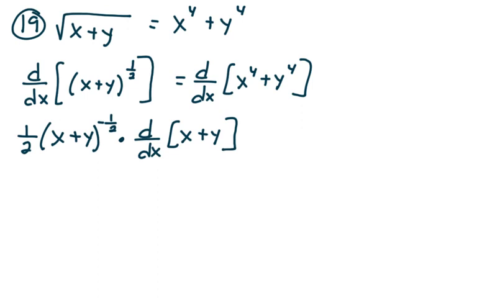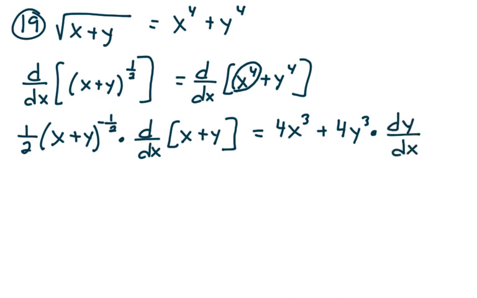So x plus y is the inside function. I'm going to set this equal to, now the derivative of x^4 is 4x^3. The derivative of y^4 is 4y^3, but you have to multiply by dy/dx.